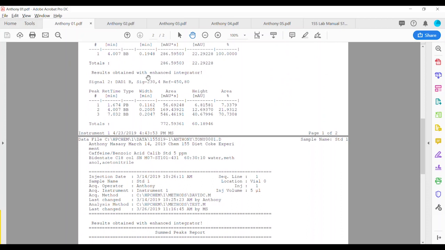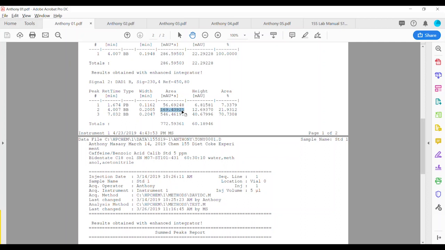So we're going to look at 230 nanometers, and first get this peak here for caffeine, which is retention time 4 minutes and area 169.4. That's the metric we need to use.